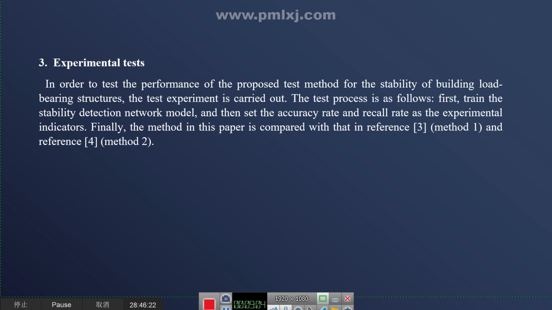First, train the stability detection network model, and then set the accuracy rate and recall rate as the experimental indicators. Finally, the model in this paper is compared with that in reference 3, method 1, and reference 4, method 2.